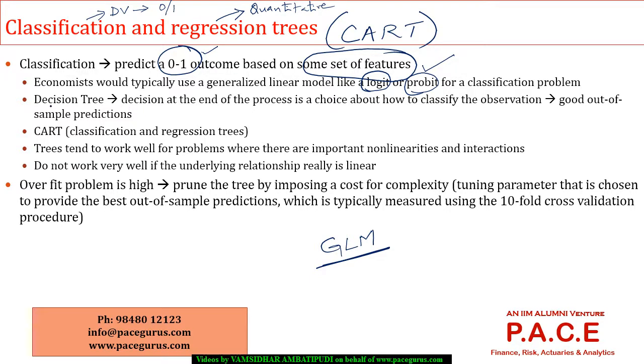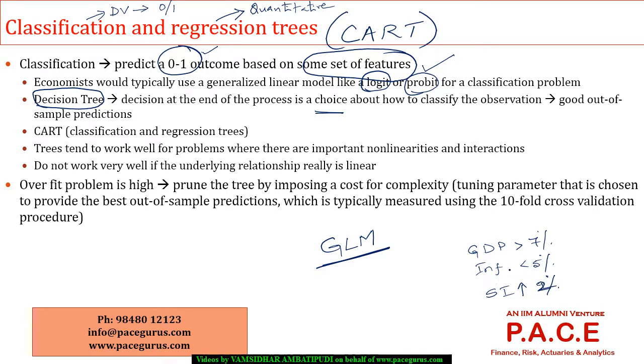But when I use machine learning algorithms today, the decision tree is a much more powerful algorithm, right? The decision at the end of the process here is a choice, how to classify. So when GDP is greater than 7% and inflation is less than 5%, then the stock index rises by more than 1% or 2%.